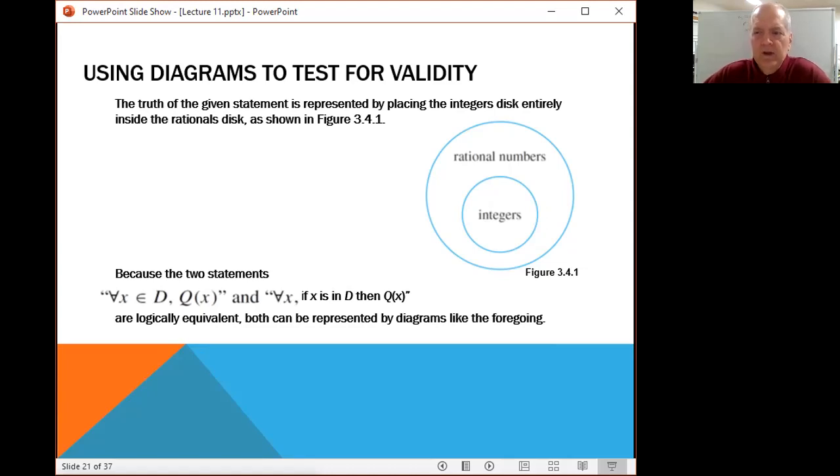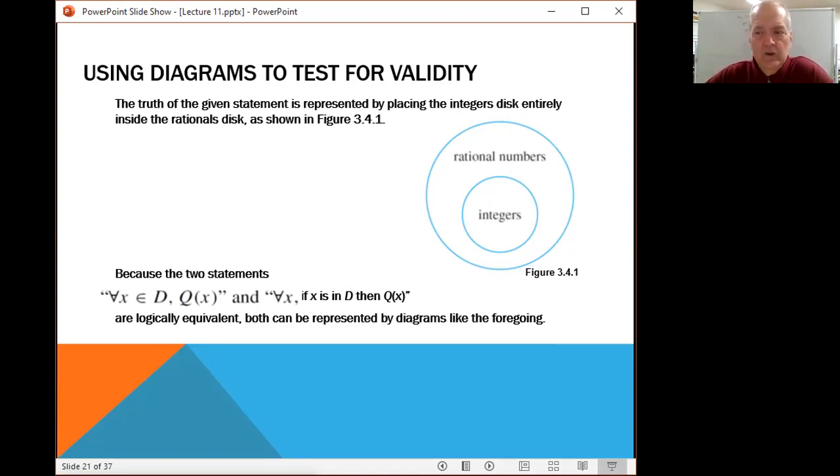So we have these statements: for all x in D, Q(x), and for all x, if x is in D, then x has the property Q. These are logically equivalent; we've talked about them. In the first case, you're narrowing the domain down to the case where x is in that domain.